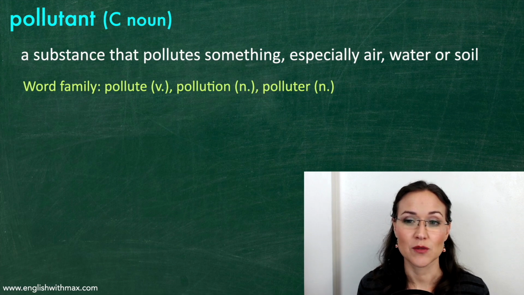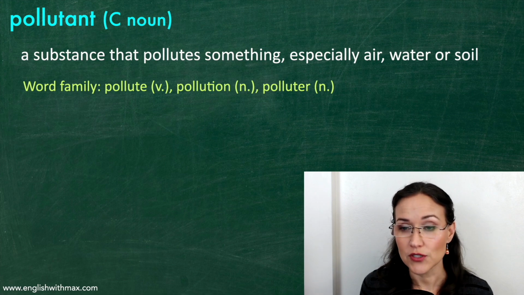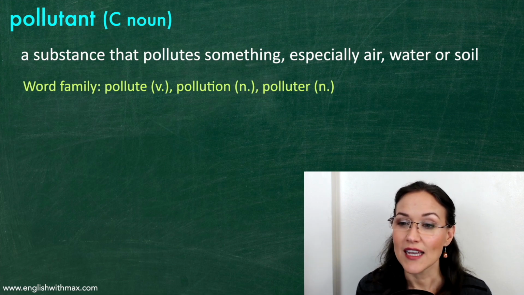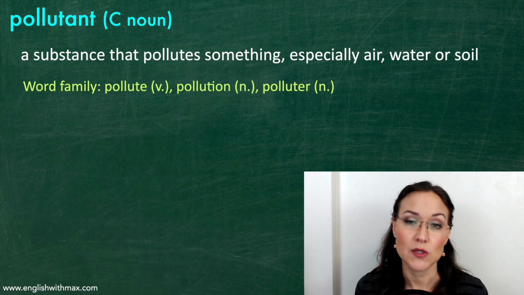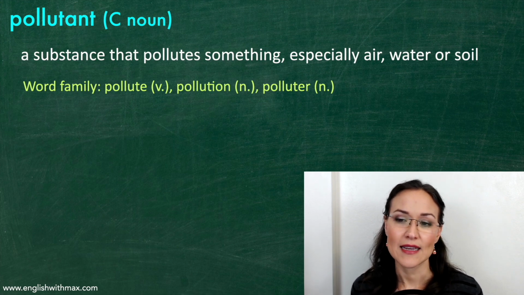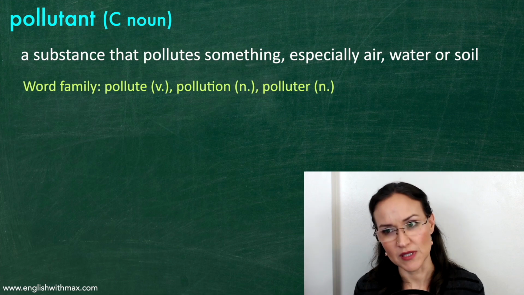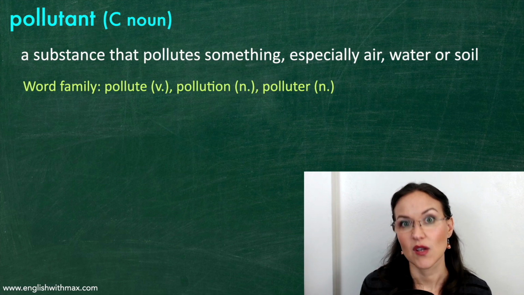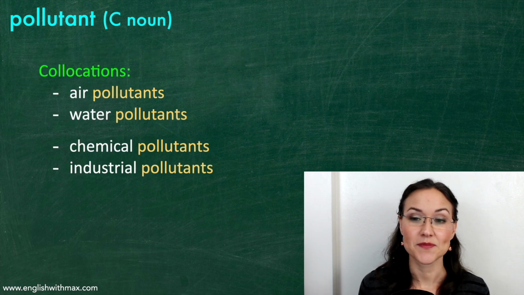First we have the verb pollute, then the noun pollution. I'm sure you know those two. And we also have the noun polluter. That's a person, business, country, etc. that causes pollution.